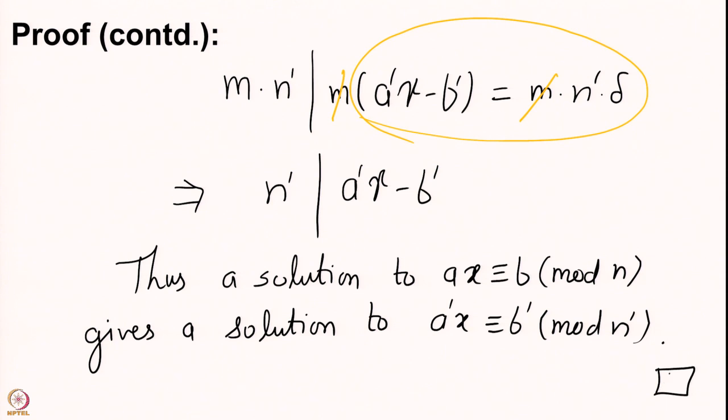We started with assuming that there is a solution to the smaller equation and obtained a solution for the bigger equation, larger equation, and then we started with a solution to the larger equation and obtained a solution for this smaller equation. So, the existence of solutions for both of these congruences are equivalent, the existences are equivalent.